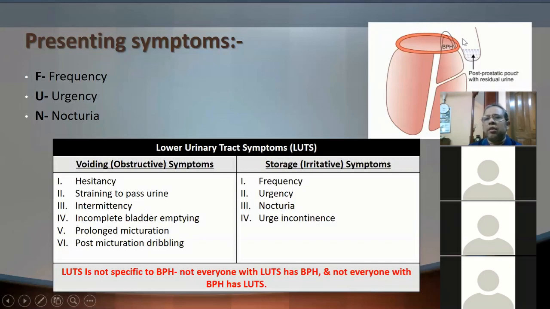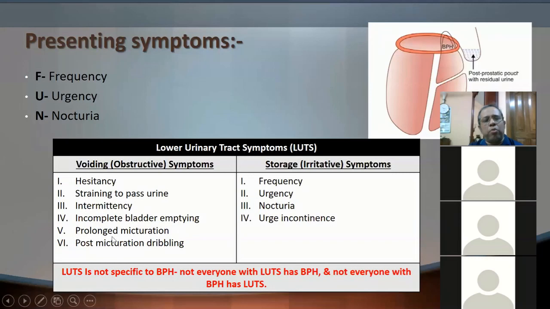And behind the trigone, the mucous bladder wall is loose. So whenever that part is pushed upwards, there is a pouch formation behind the trigone. So whenever the patient micturates, the bladder empties, but some urine remains there. For that reason, the bladder is incompletely emptied.